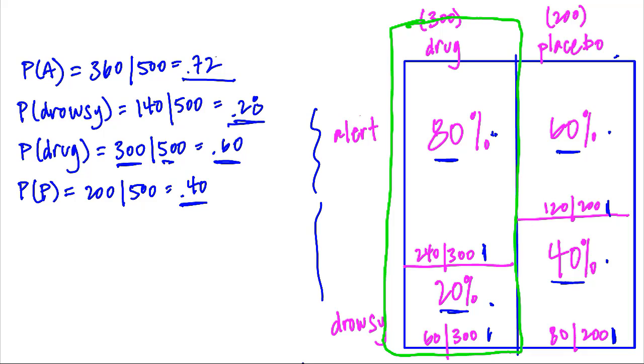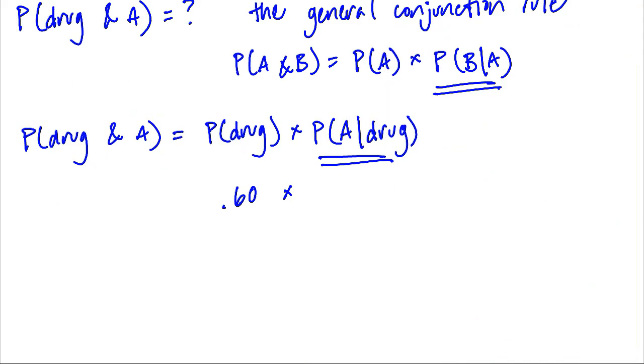That's easy to see. If they're on this side of the population, then there's an 80% chance that they're alert, 20% chance that they're drowsy. The 80 is what we want. So 0.6 times 0.8 is going to be 48%. So if we select someone at random from this population, there's a 48% chance that they got the drug and are alert. Okay, good.